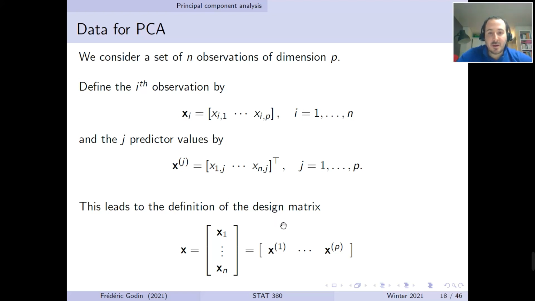This leads to the definition of the design matrix, which is analogous to what we had in previous chapters. So the design matrix is the matrix which contains on each row the various predictors of each observation, or as each column the set of predictor j for a fixed j but for all observations.